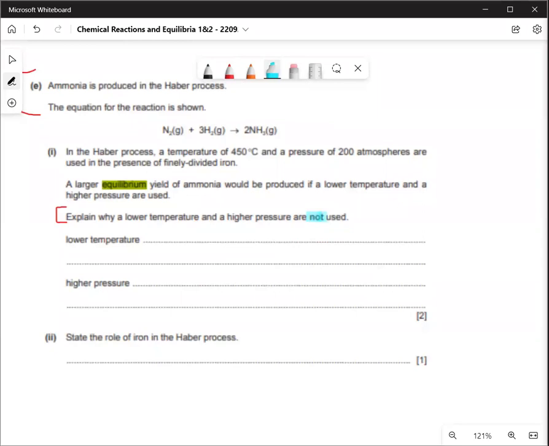Read it from your notebook. Even though low temperature favors the exothermic reaction, high temperature increases the rate of reaction. So we take 450 °C as a compromise. Is that clear?